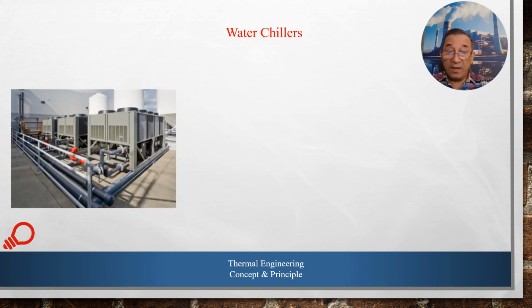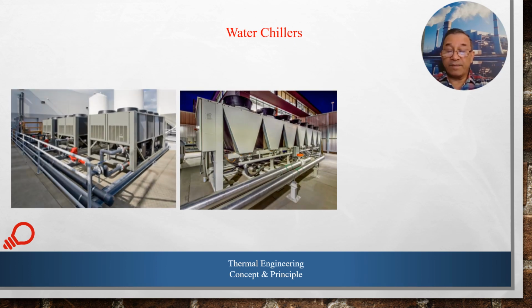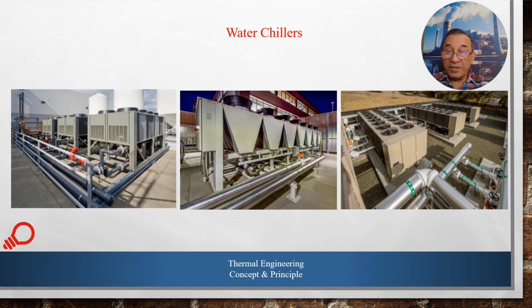And in these photos, water chillers are using a condensing unit of the air cooled type. We call it air cooled because the surface fluid, air, takes the heat to condense the refrigerant which is circulated in a condenser.